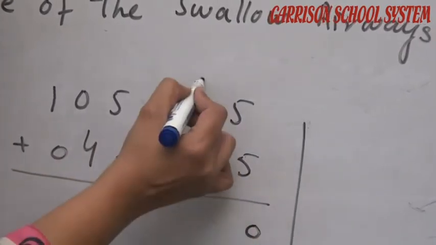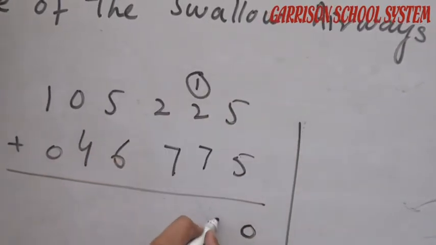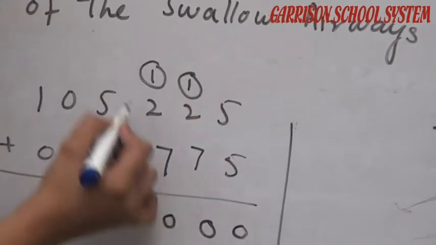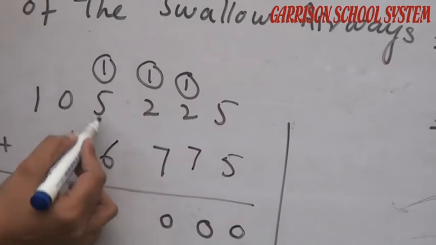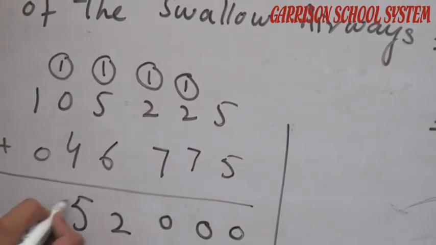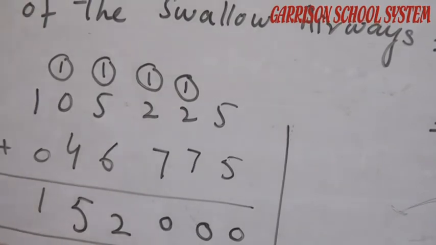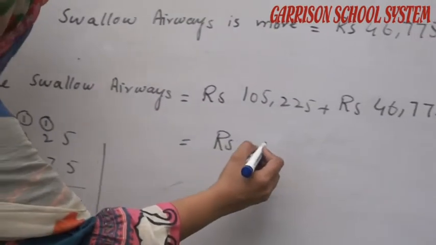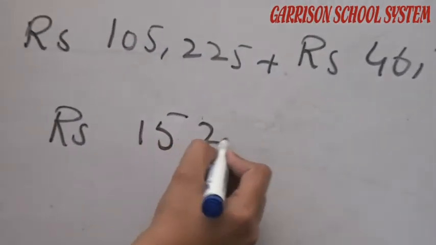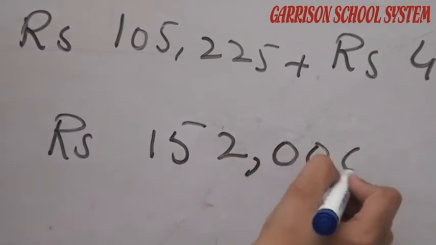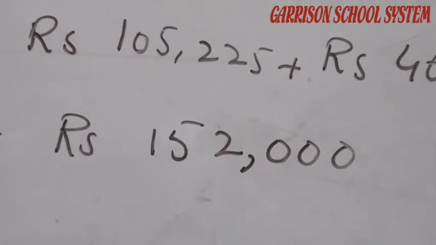So this will be 10 carry, and this also will be the 10 carry, and this also will be the 10 carry again. 5, 6, 6, 12, 1 carry, 5 and 1. So this will be the actual price of the Swallow Airways. We can write 2,000 just.